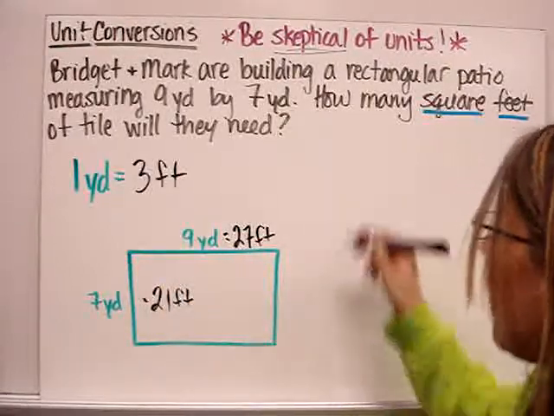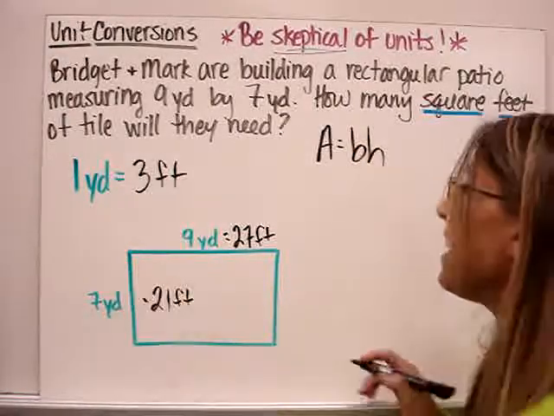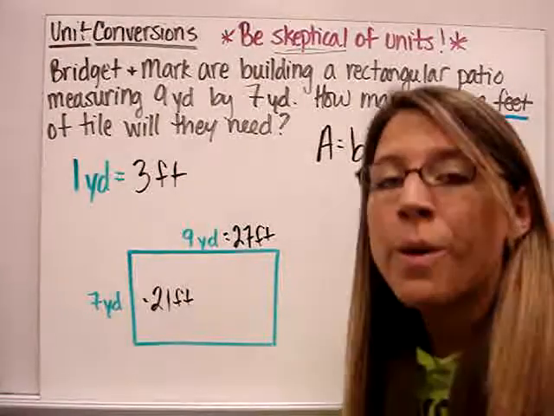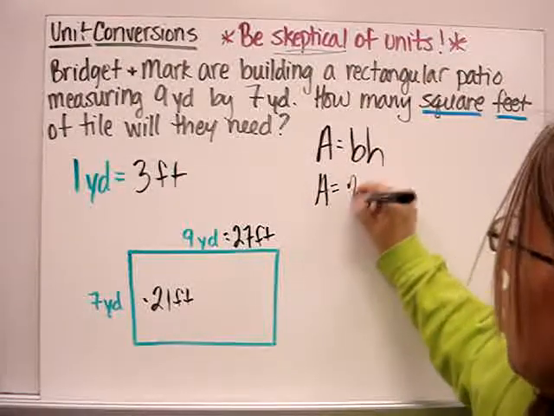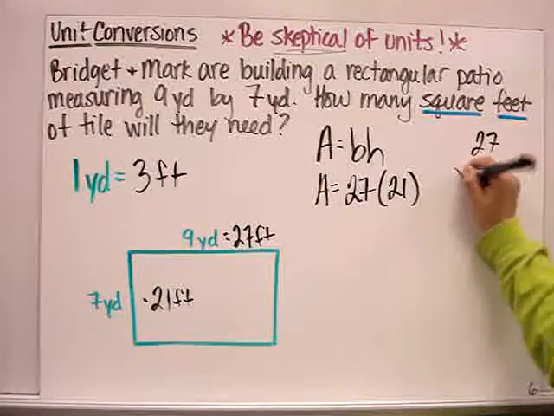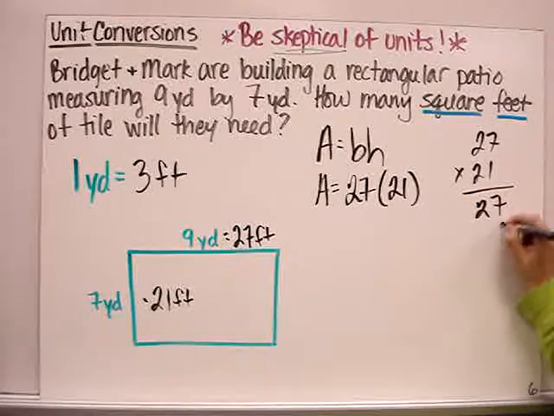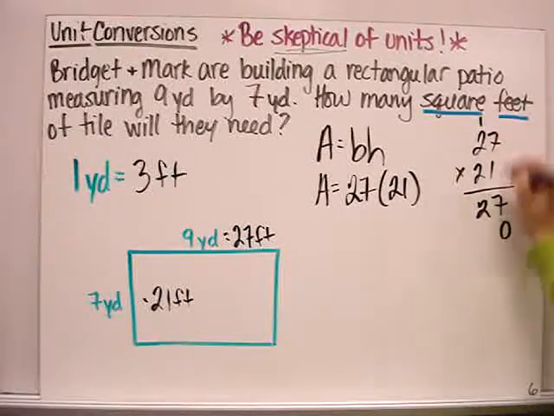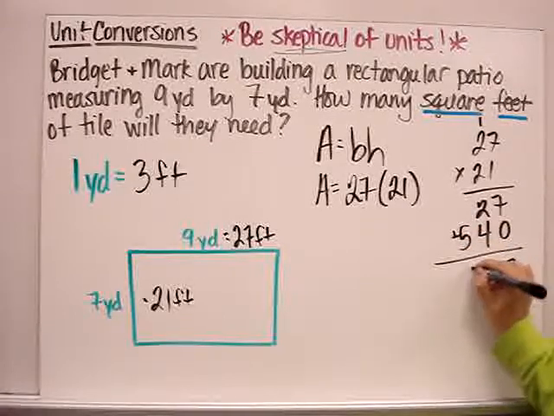So now I know that if I'm going to find the area, I need to multiply the base length by the height length, and I'm going to use feet so I can answer appropriately. So the area here is going to be 27 times 21. If I do my quick multiplication, I have 27, 540, and 567.